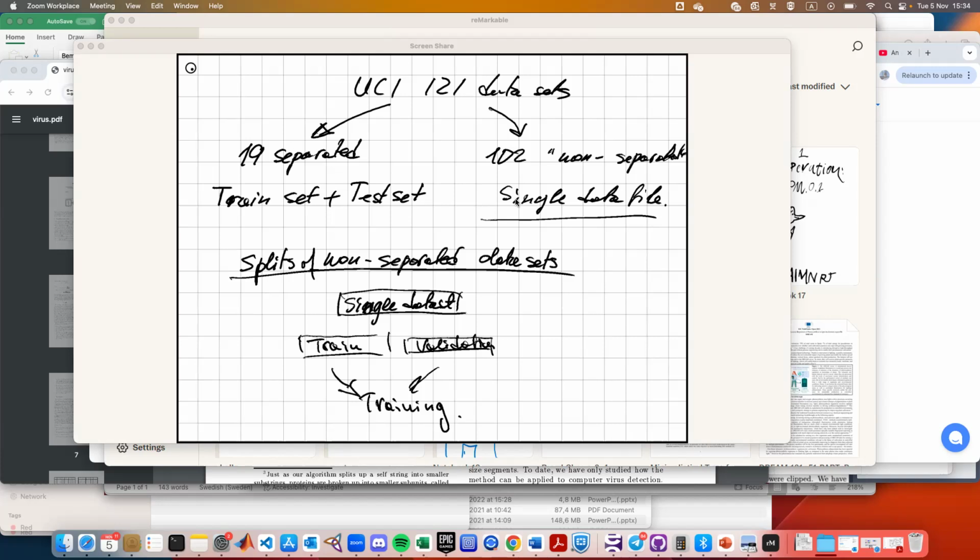As I said, you may figure out yourself, that is a rather problematic approach, because in this approach you do not have a separated independent test set.